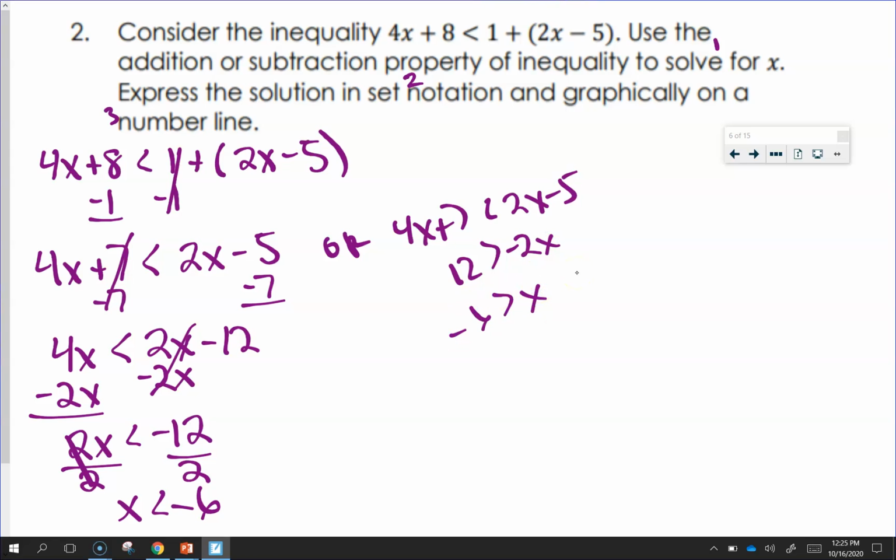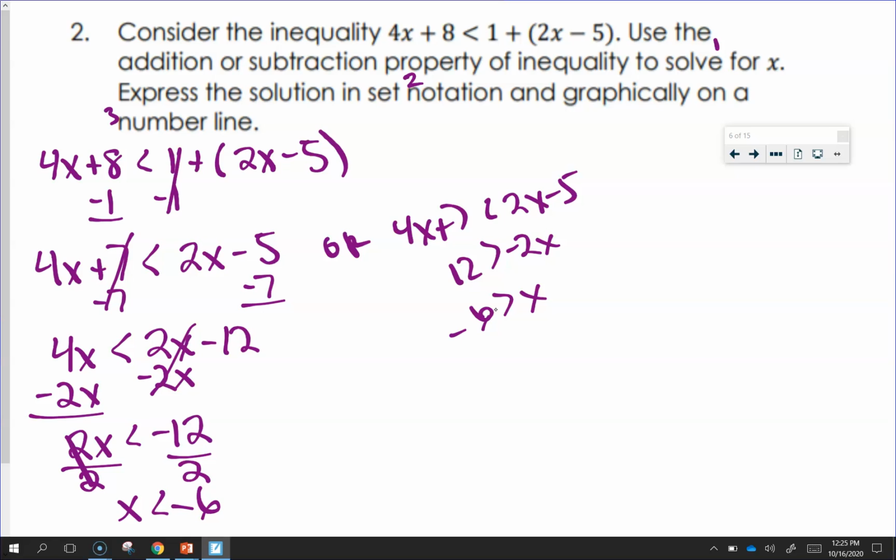So we still get x is less than negative 6, but you see how it's written differently? So the arrow looks like it's pointing to the right, but that's not what we're going to graph because my x's are smaller than negative 6. So you can do it this way, but you got to really think about, okay, where is my x? Is it less than? Is it greater than?